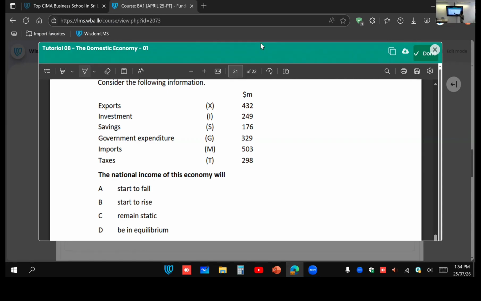So out of these, select what are injections, select what are withdrawals, calculate the total injections, calculate the total withdrawals, understand which one is high, then decide on the answer. Right? So I was telling you actually what to do. So just don't look at me. Then please do. Right? So what happens? Economy rises.